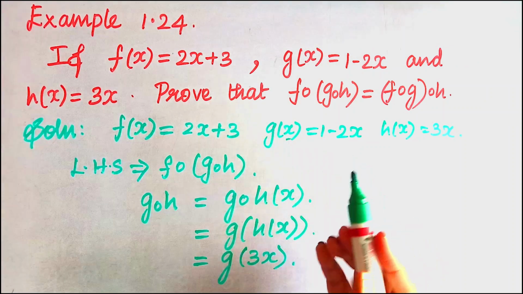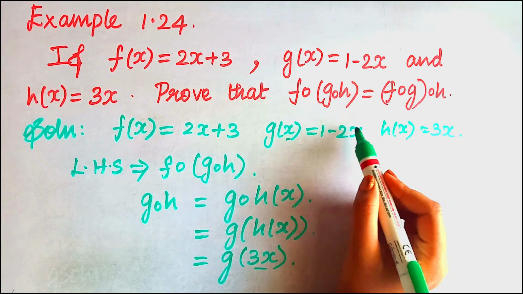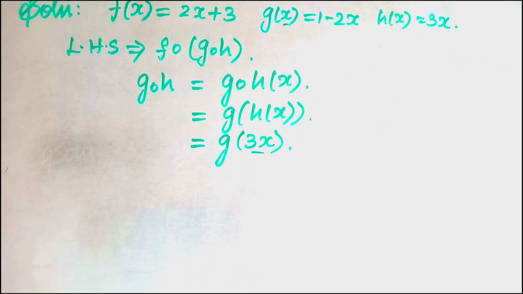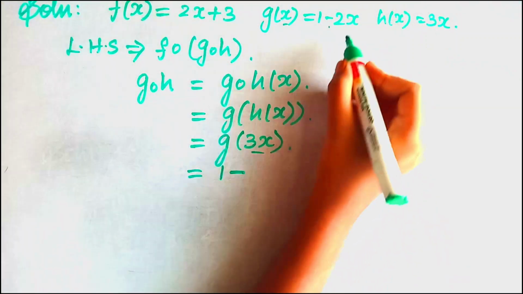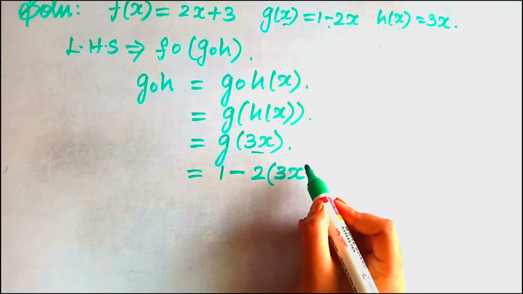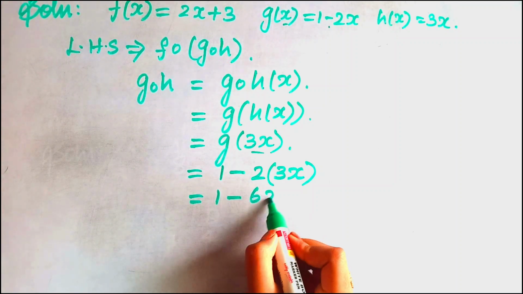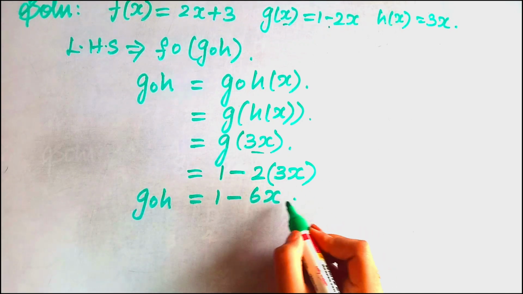In the place of x there is a 3x here. So in the equation also, in the place of x you have to substitute 3x. Now let's substitute it. So we'll get 1 minus 2 into, in the place of x we are substituting 3x. Now let's multiply it. So 1 minus 6x. g∘h, we got 1 minus 6x.